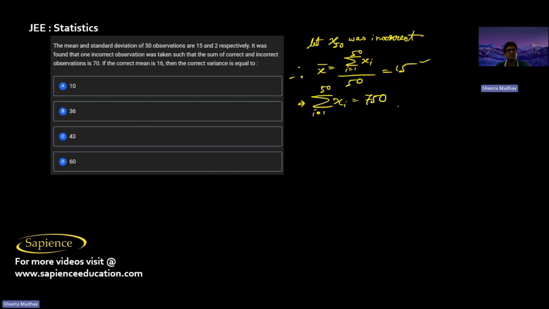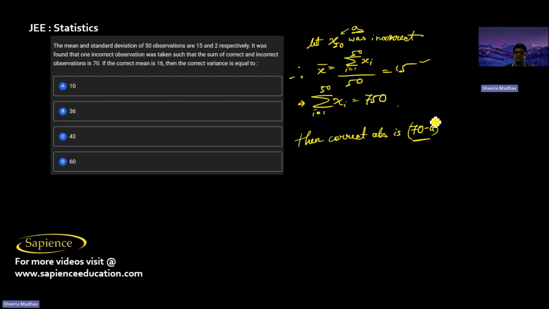One incorrect observation was taken, so that the sum of correct and incorrect observations was 70. So let's say x50 was incorrect, and let's say we take it as A. Then the correct observation is 70 minus A, since it is told that the incorrect observation and the correct observation have a sum of 70.